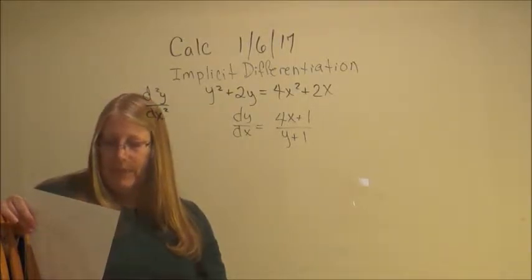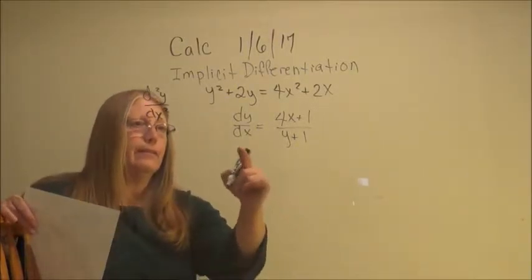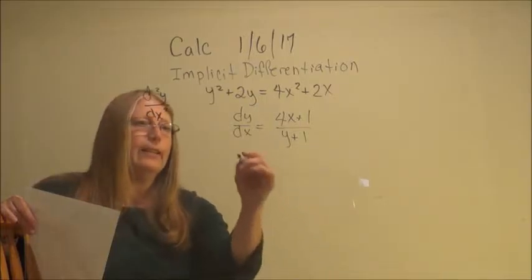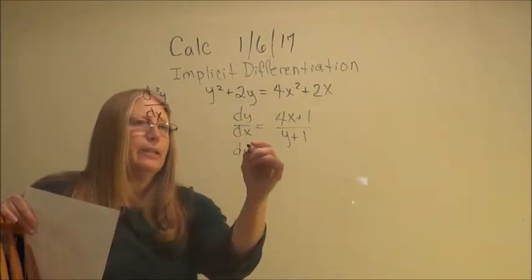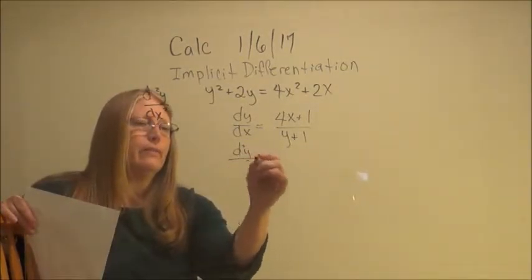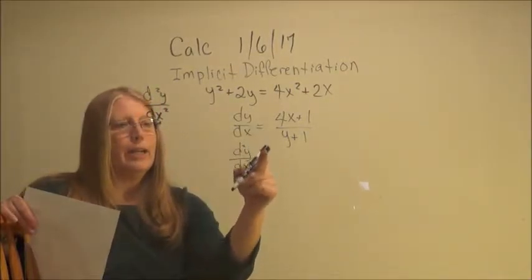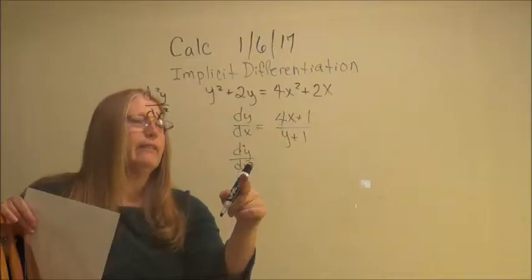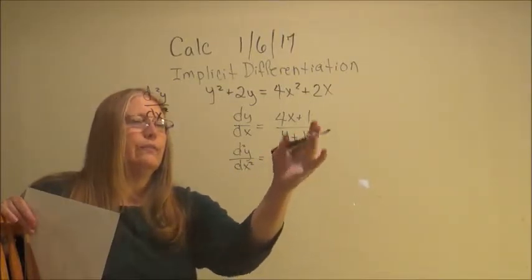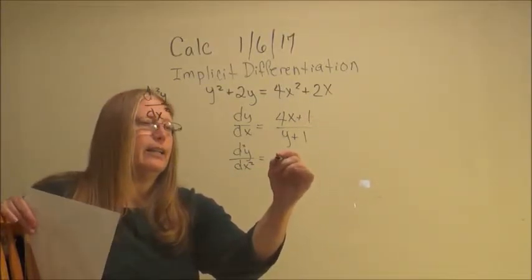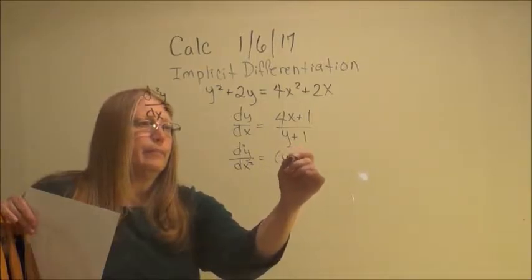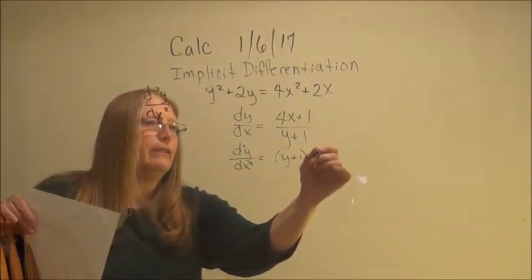Alright, now I am starting here and I want to find the second derivative. So I'm going to take the derivatives across from left to right. So I take the derivative of dy/dx and I get the second derivative. And I'm going to differentiate this side, and it would be the bottom times the derivative of the top.